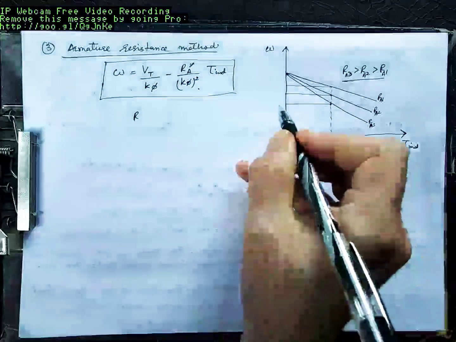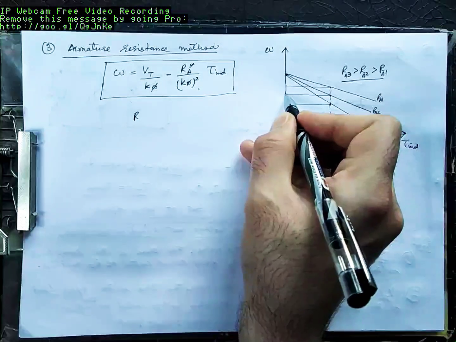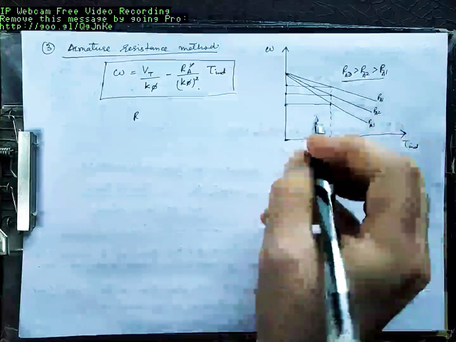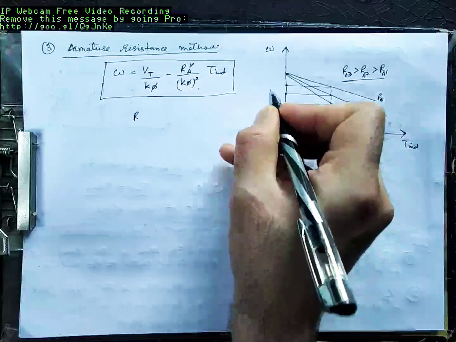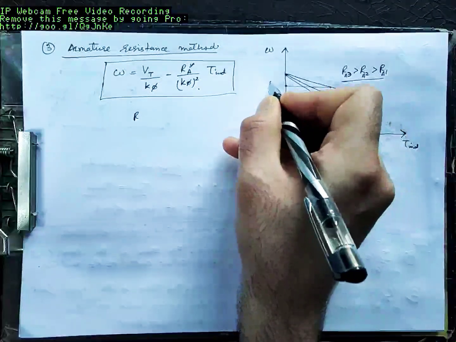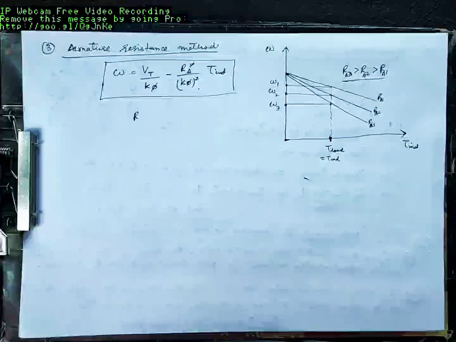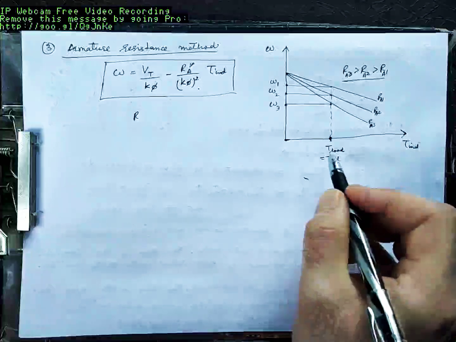This is the speed corresponding to resistance Ra3. This is the speed corresponding to resistance Ra2. This is the speed corresponding to resistance Ra1. I will call these speeds omega 3, omega 2, and omega 1. Since the load is the same in all three cases, the induced torque has to be equal to the load torque.